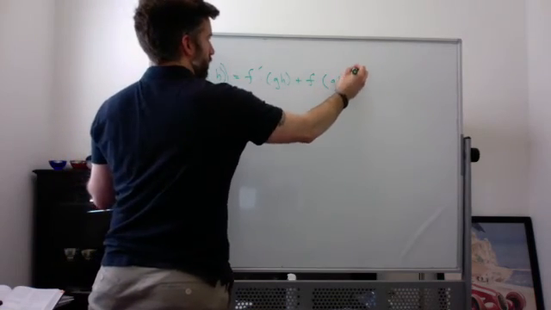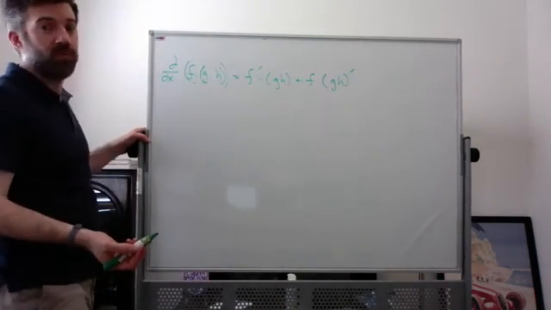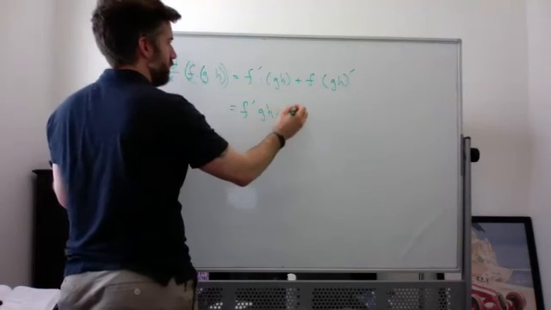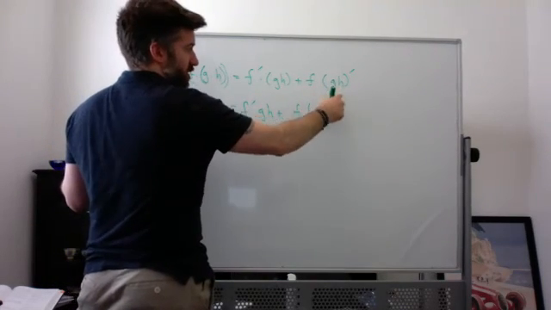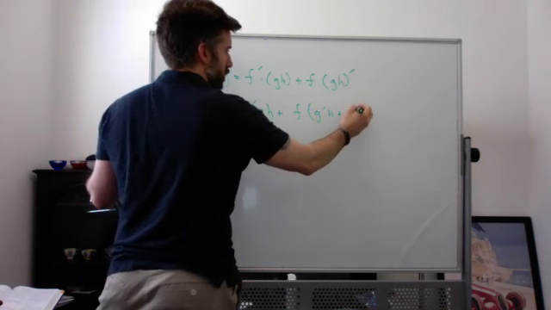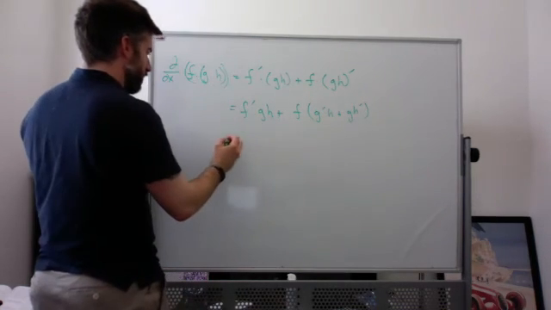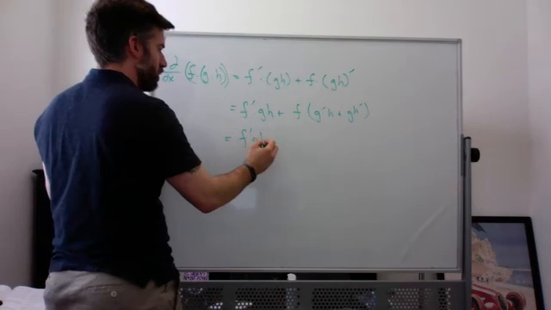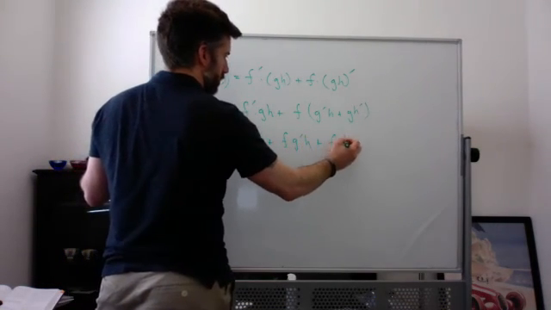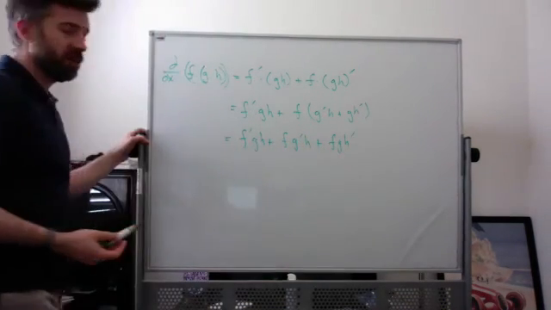To take the derivative of g times h, I have to use the product rule. So I get f prime times g times h plus f times the derivative of gh, which using the product rule is g prime h plus g h prime. And multiplying it all out, it's f prime g h plus f g prime h plus f g h prime. So here's the thing about this.